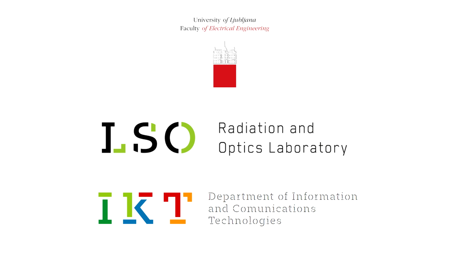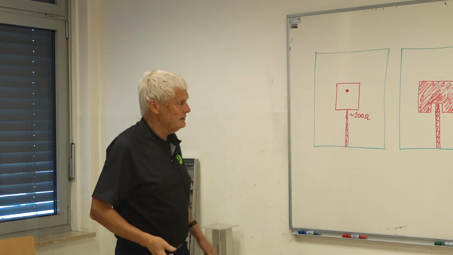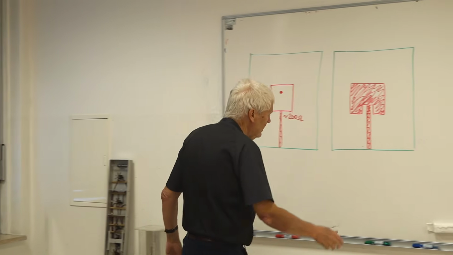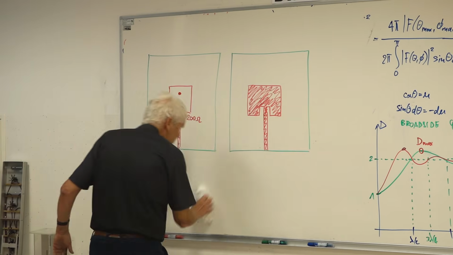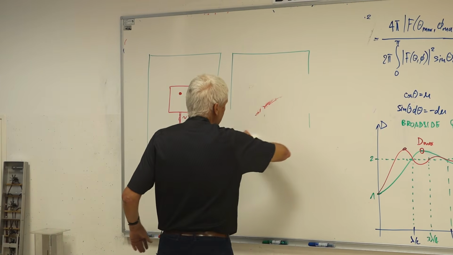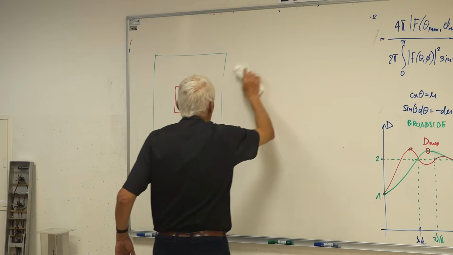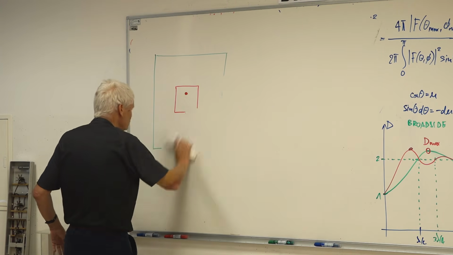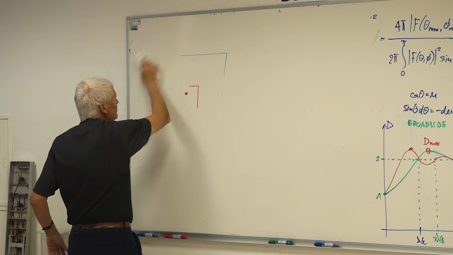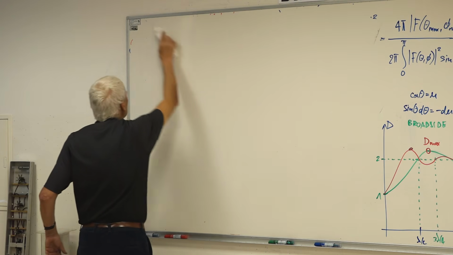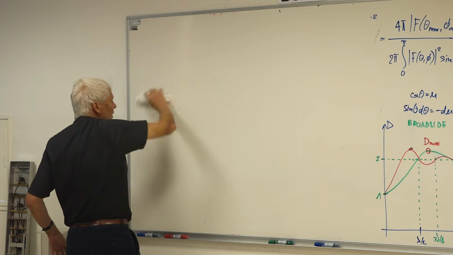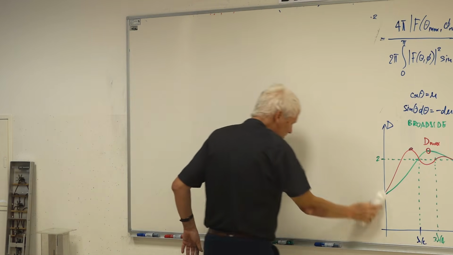So now, what is the typical task we have to do with antennas? Well, we usually don't build individual antennas, but we buy a few antennas and try to make something useful out of those two commercial antennas. One idea is to make a broadside array.